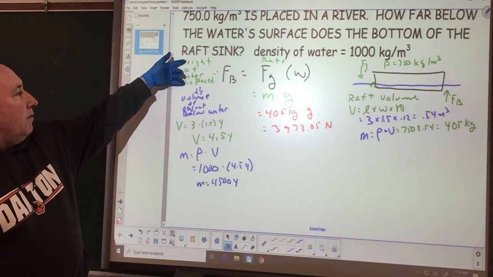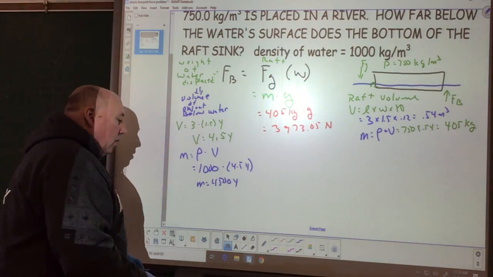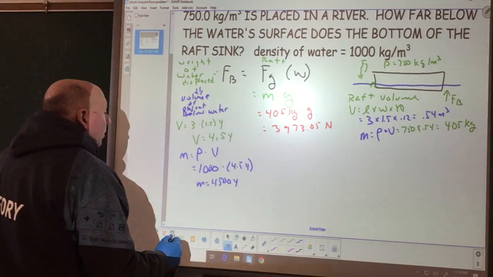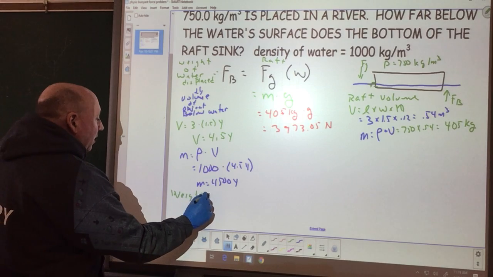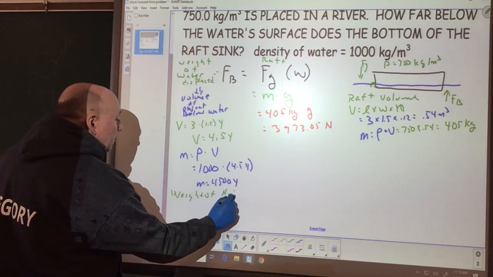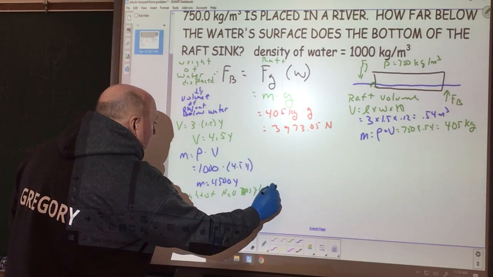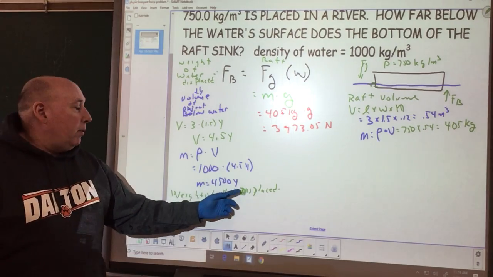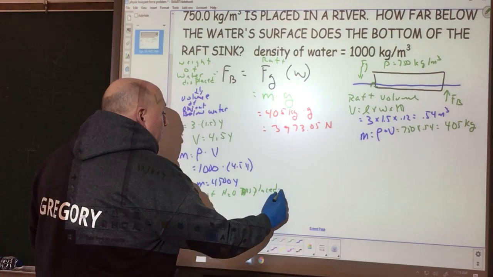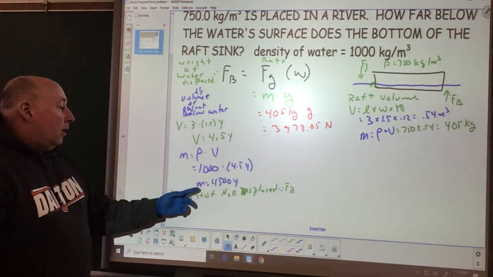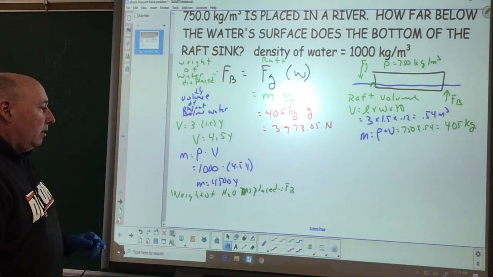Now to get the weight of this water displaced, which is also the buoyant force, they are the same. The weight of this water displaced is also the buoyant force. We can multiply this mass of the water displaced times gravity.